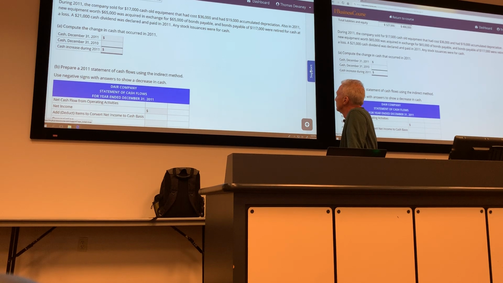They're saying it's retired for cash. That means they had to pay it. They had to buy it back. They bought it back, and there was a loss of $500,000. So on the statement of cash flows, you're showing the full cash effect of that retirement of the bonds payable, right? That's correct.